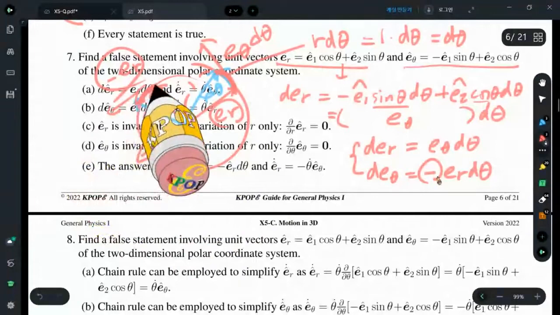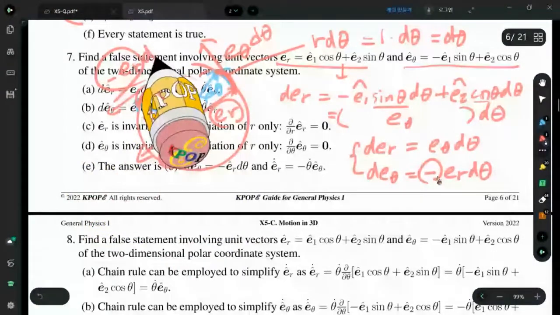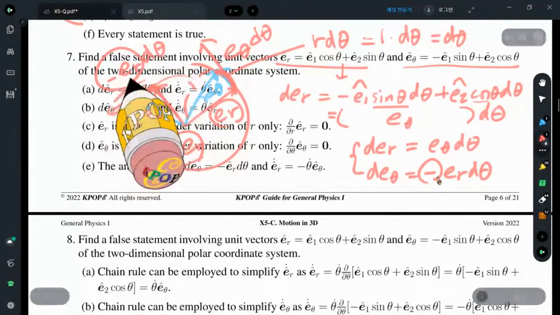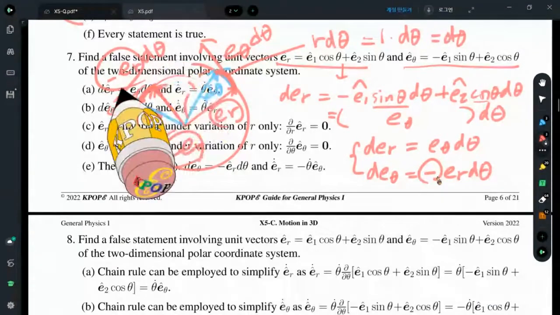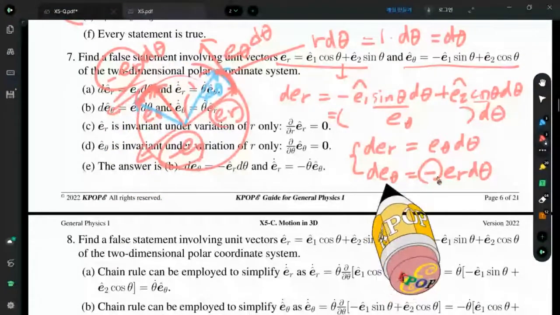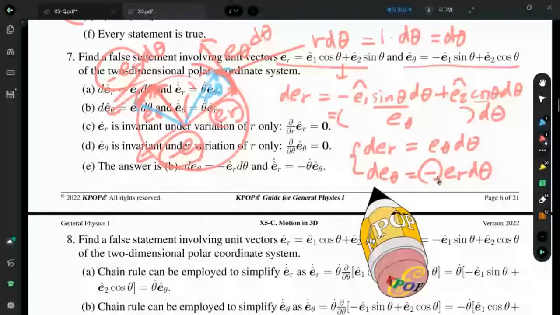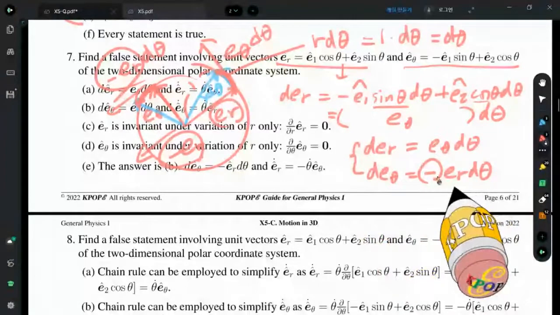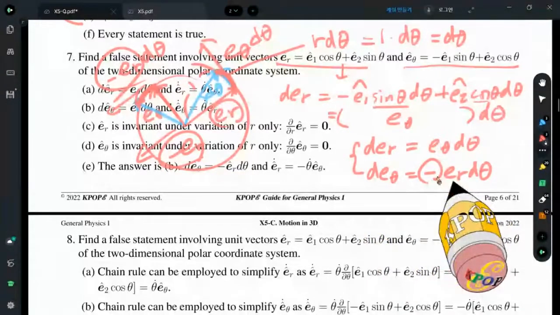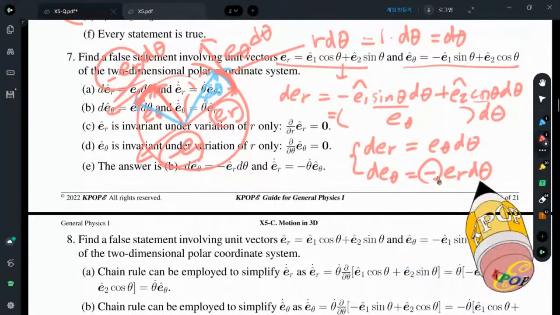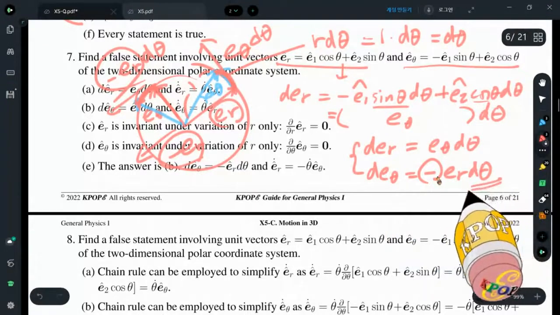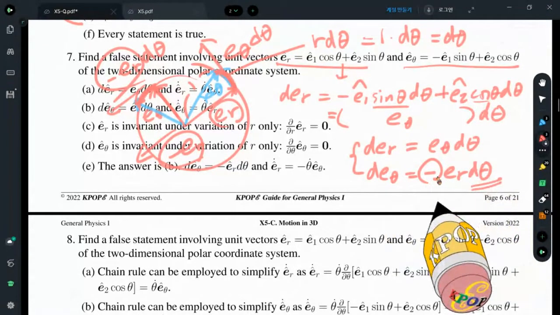Again, this arc length is d theta. So minus ER d theta is that one. So that's the reason why the differential of E theta is proportional to minus ER, and the proportional constant for the differential element is d theta.